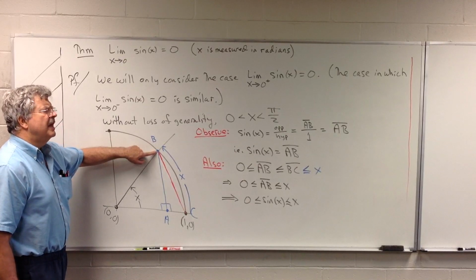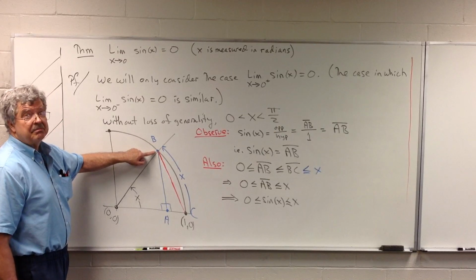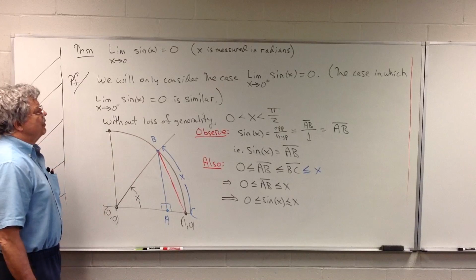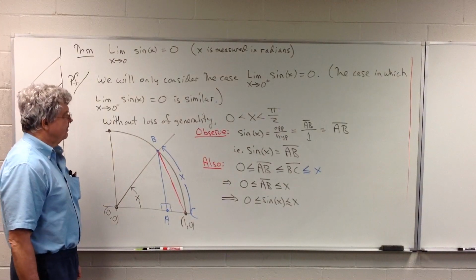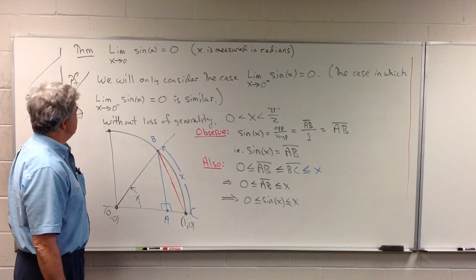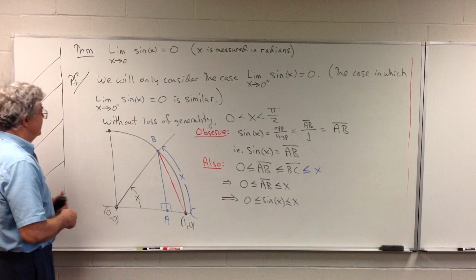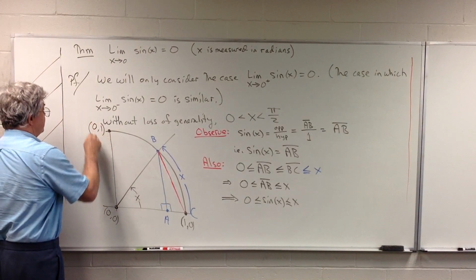But wait a minute, if the line segment goes from the origin to the circumference, then it's a radius, isn't it? And we're working with the unit circle. I'm not sure I mentioned that either. But yes, we are working with the unit circle. So this point is 0, 1.